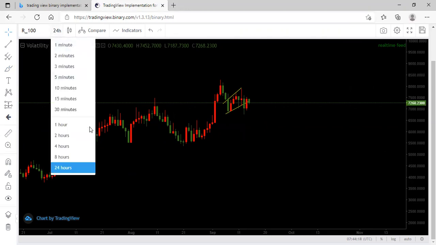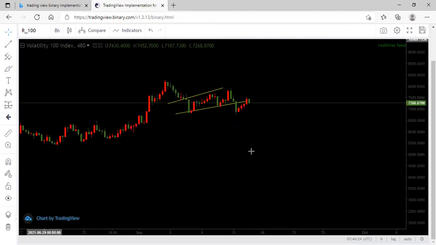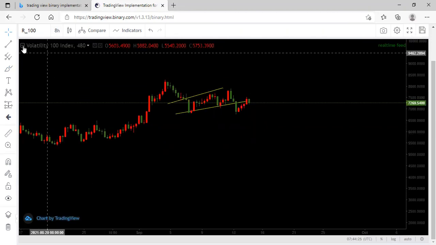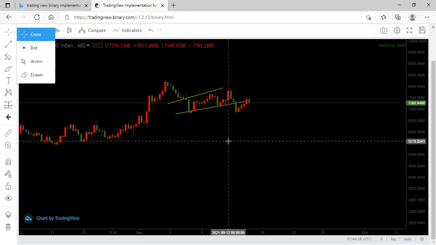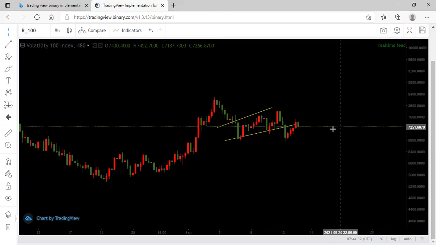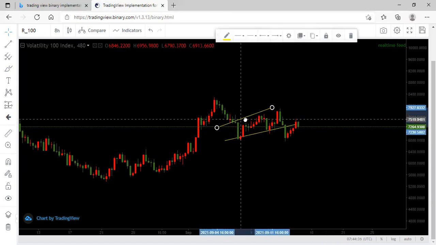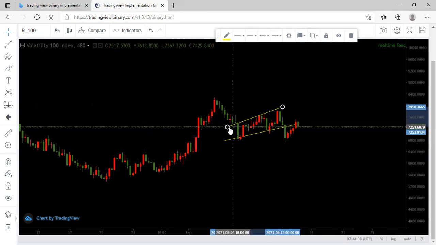Let us proceed. We are going to the 8 hours time frame. On this time frame, guys, what are we going to do next? We are going to tweak our trend lines. Make sure you tweak your trend lines as well as possible.